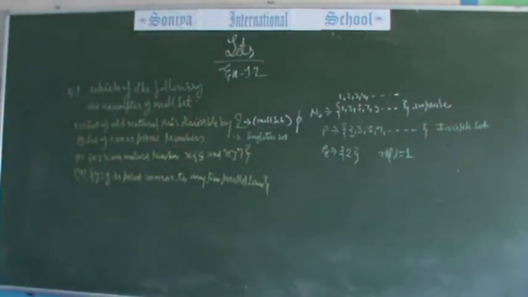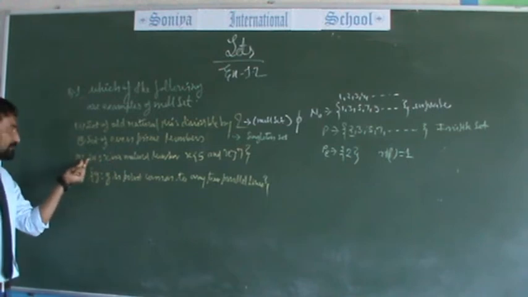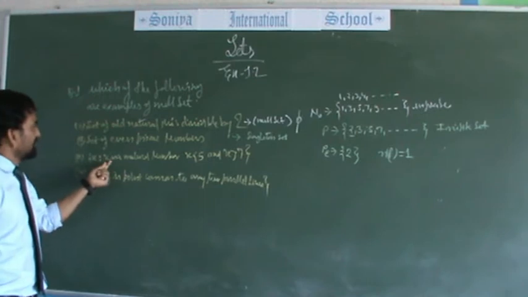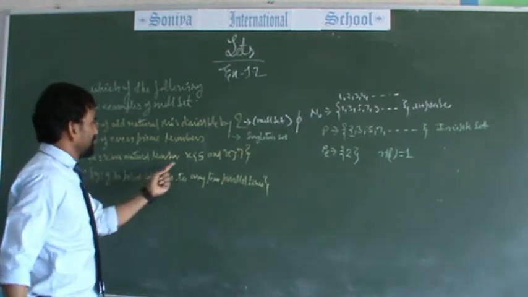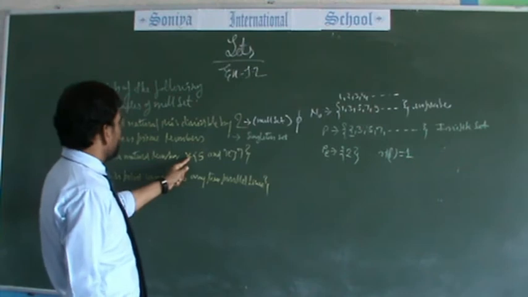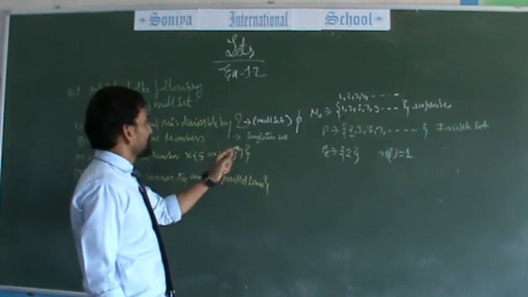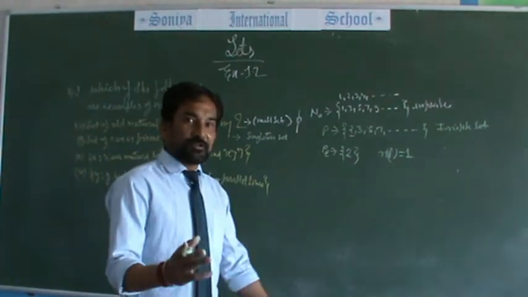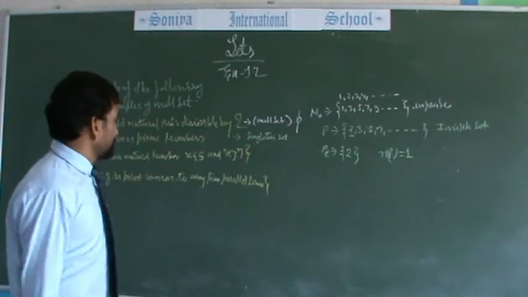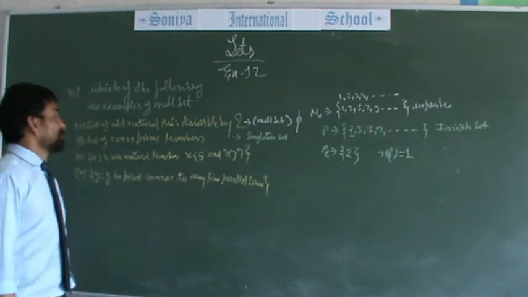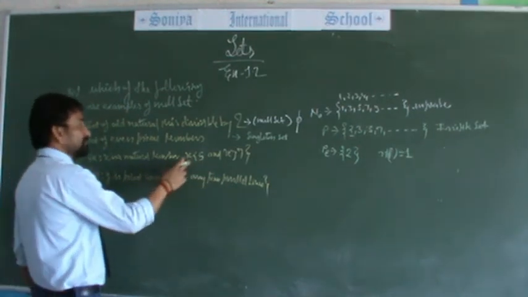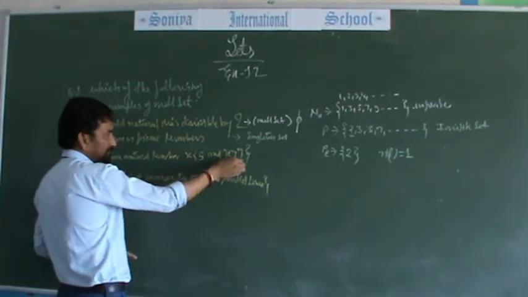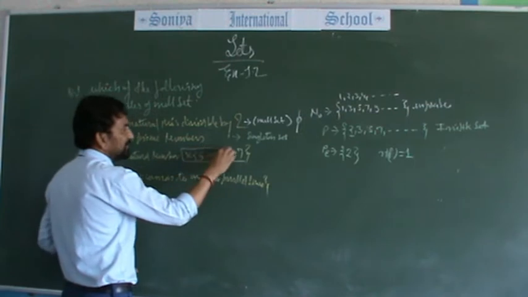Now come to the third one. Here is a set. The elements of the set are x such that x is a natural number which is lesser than 5 but greater than 7. Natural numbers go from 1 to infinity. There is not a single natural number which holds good for the given criteria.